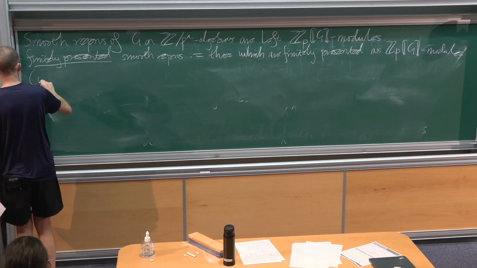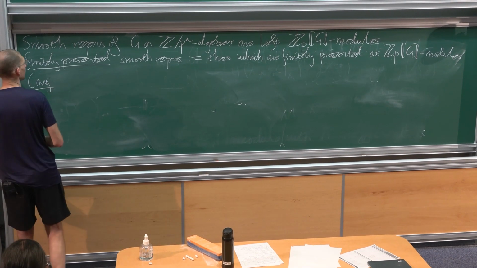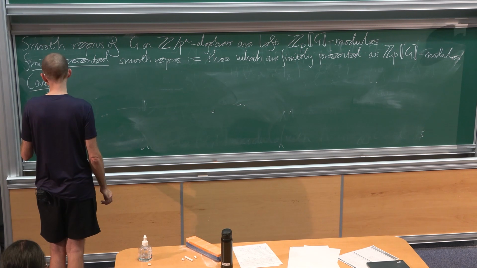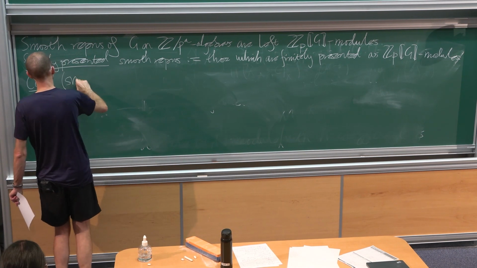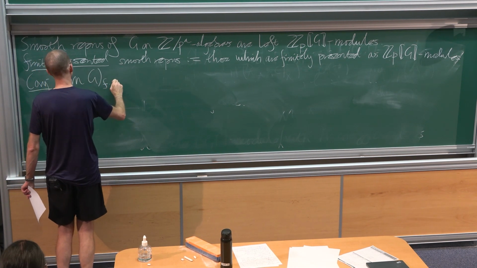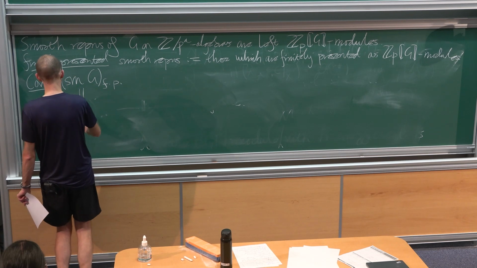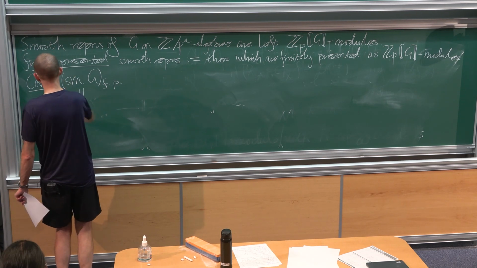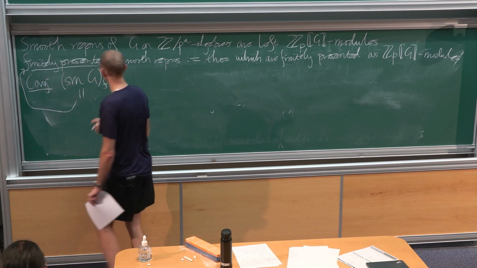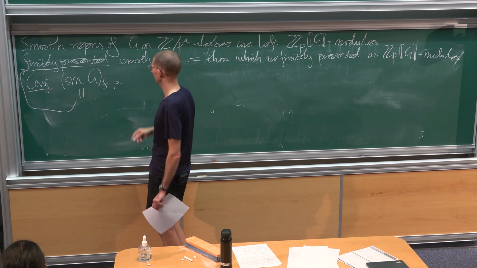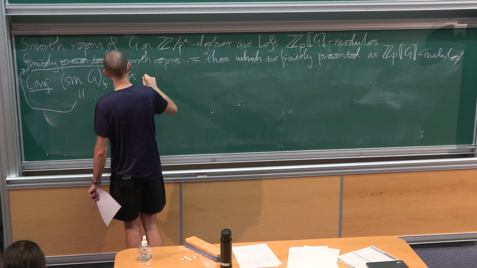And then we have a first conjecture. I'm going to call smooth_G^FP, sorry, this is appalling notation, the category of finitely presented smooth representations. The conjecture is that this is abelian.